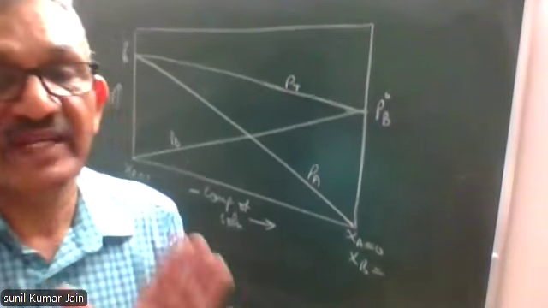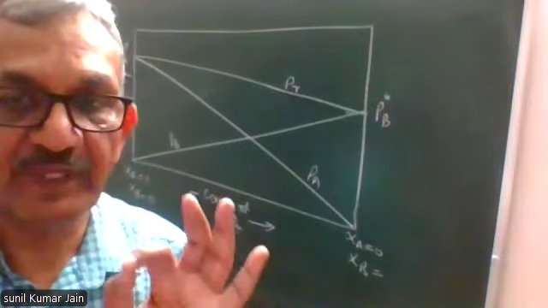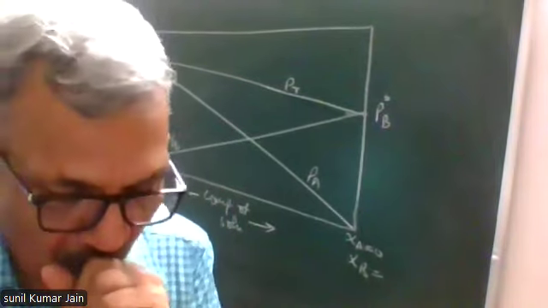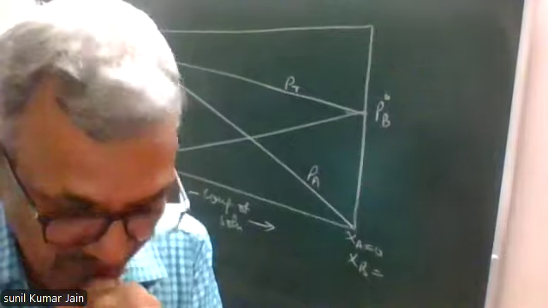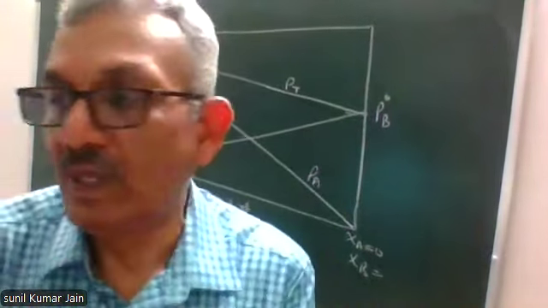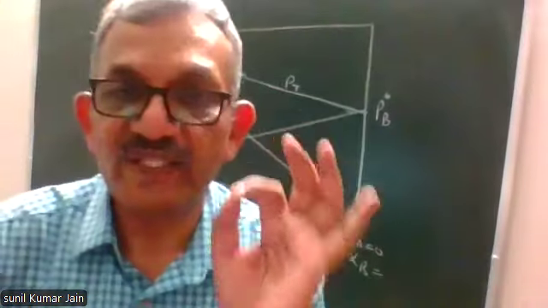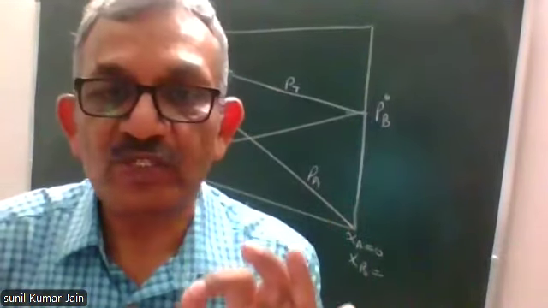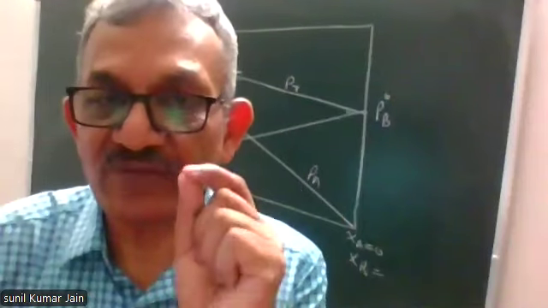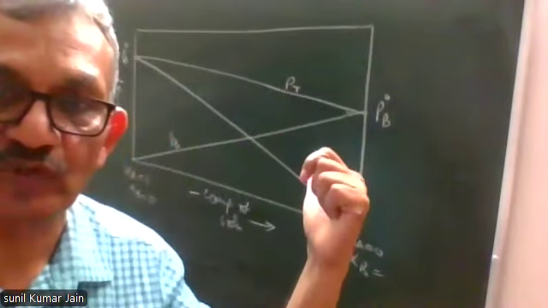But if there is positive deviation, it means partial vapor pressure of A as well as B will be more than these expected values.